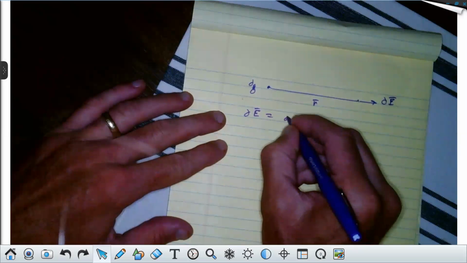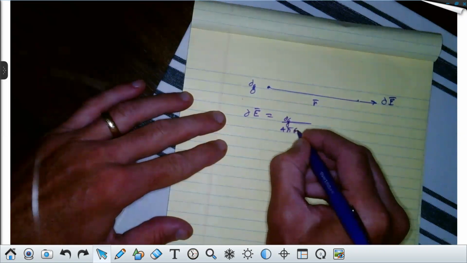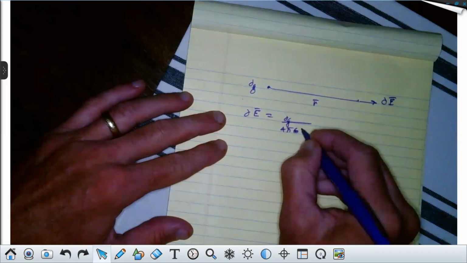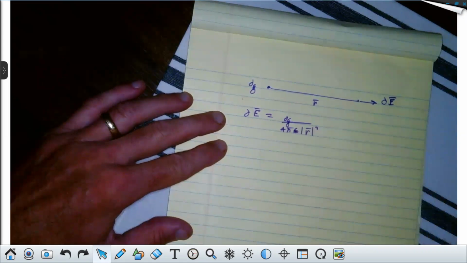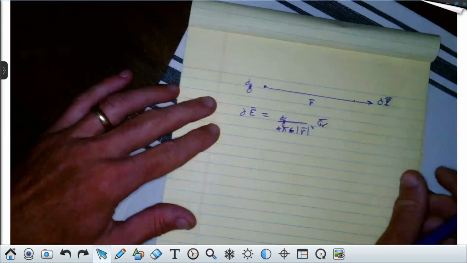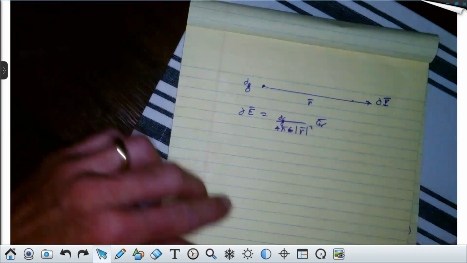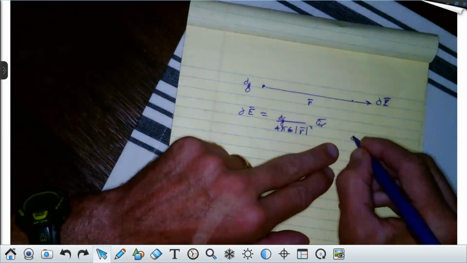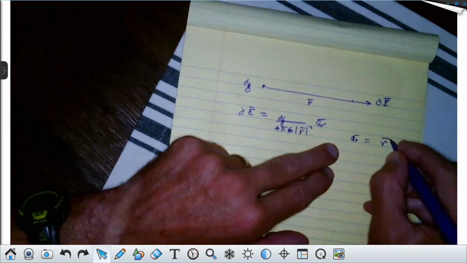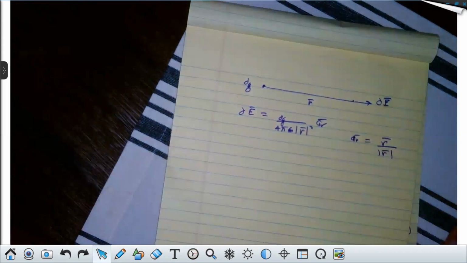It will be dq over 4 pi epsilon naught, divided by the magnitude of r vector squared, times a_R, the unit vector in the direction that the vector is pointing, from the source point to the point of observation. And a_R can be found by taking R vector and dividing it by the magnitude of the vector quantity R. Y'all with me on this one?